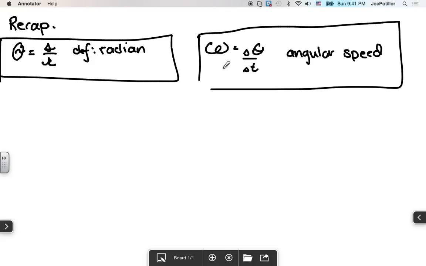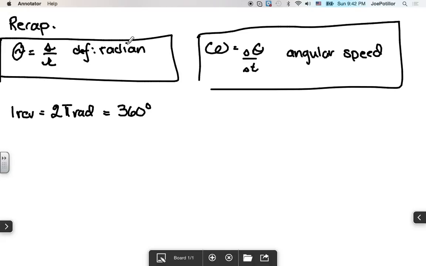In addition, we defined our unit change. Of course, 1 revolution is equal to 2 pi radians, which is, of course, equal to 360 degrees. We defined that as well.